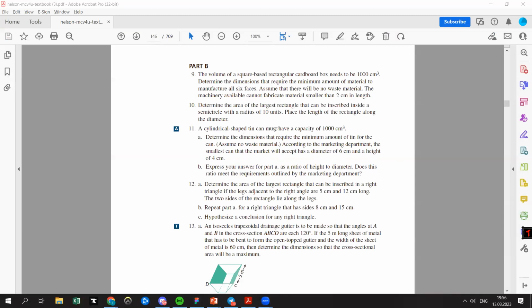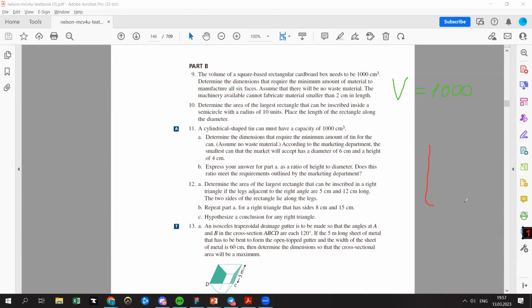A cylindrical shaped tin must have a capacity of 1,000 cubic centimeters, right? So we say volume should equal 1,000. Determine the dimensions that require the minimum amount of tin for the can to maintain such a volume. So now let's take a look at the can. How is it built?